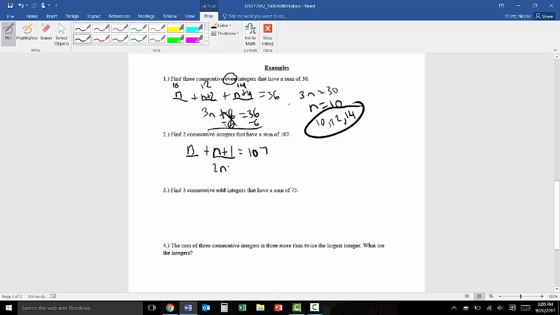So we have 2n plus 1 equals 107. Subtract 1 on both sides, and you have 2n equals 106. So your number is going to be 53, and the next number after that will be 54.